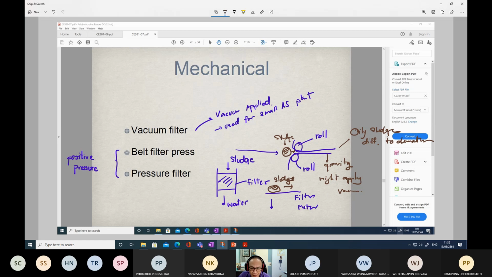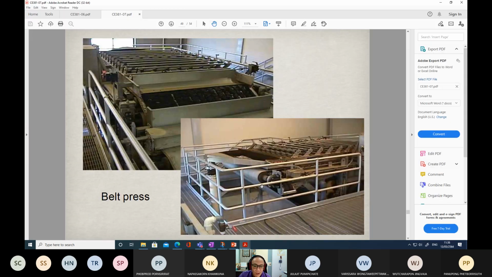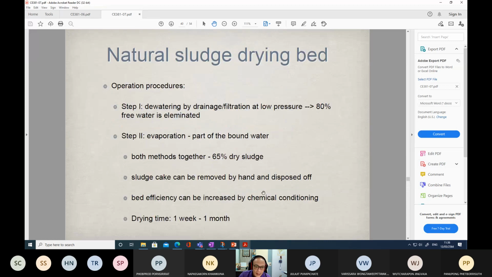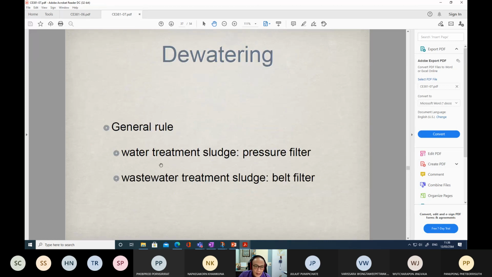This is a kind of filter press which is normally suitable for water treatment sludge, but the belt filter is suitable for wastewater treatment sludge.